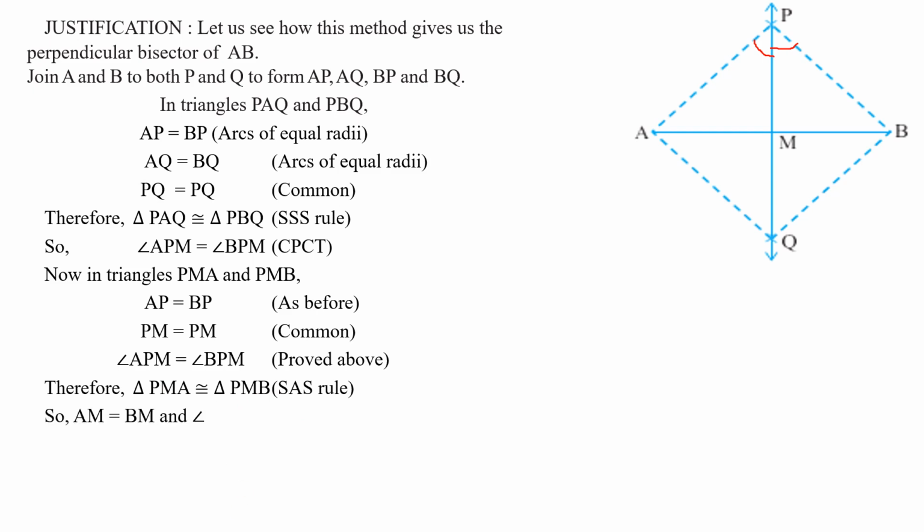So, AM is equal to BM and angle PMA is equal to angle PMB by CPCT. Understood this statement, children? AM is equal to BM, these two line segments are equal.